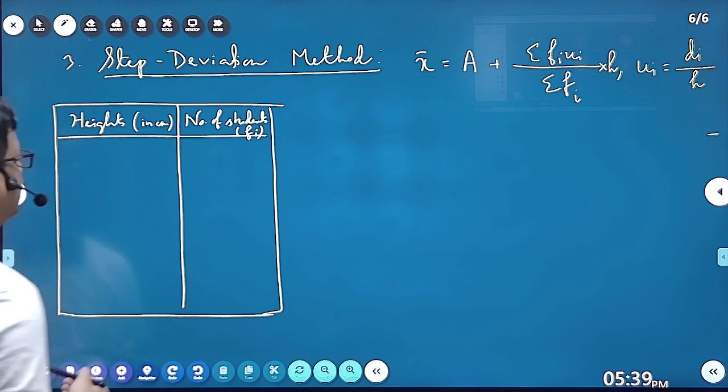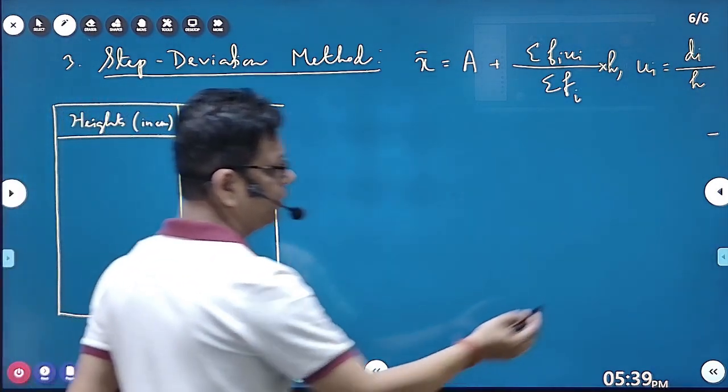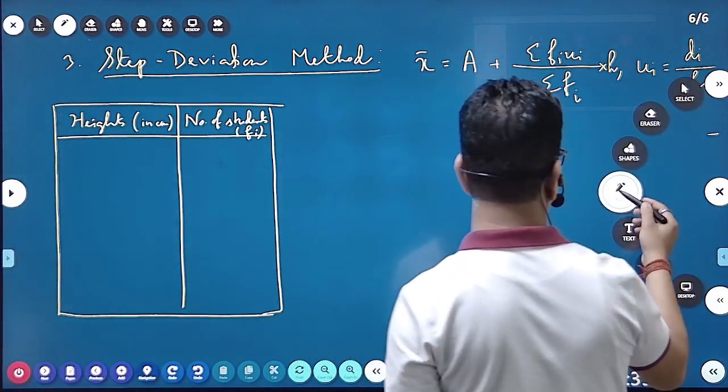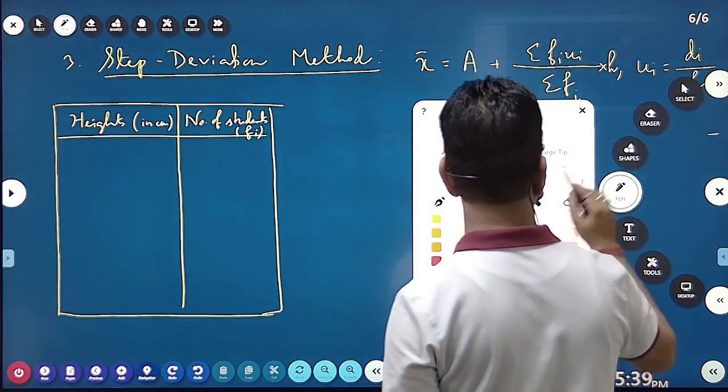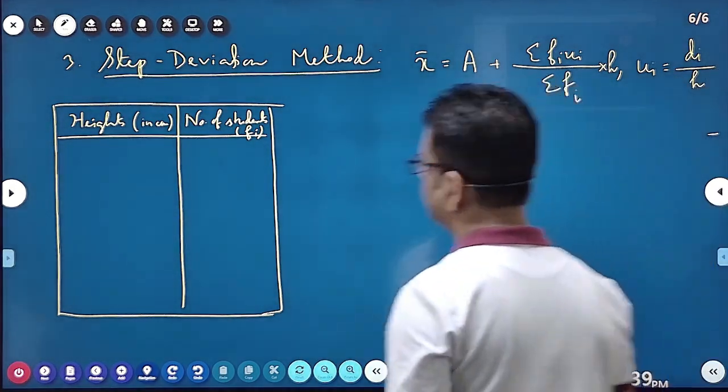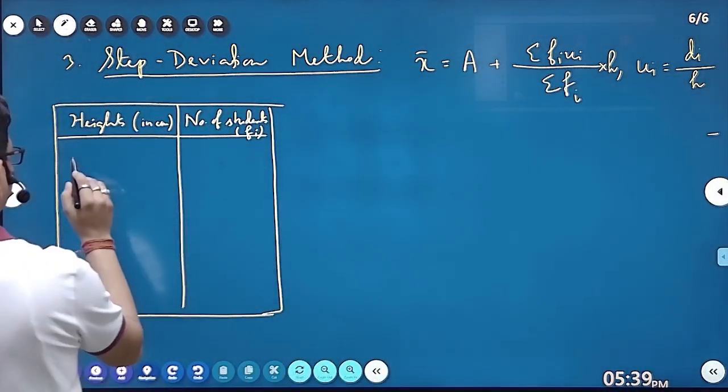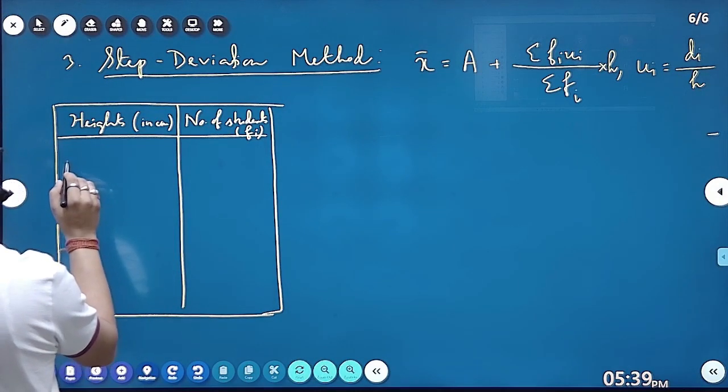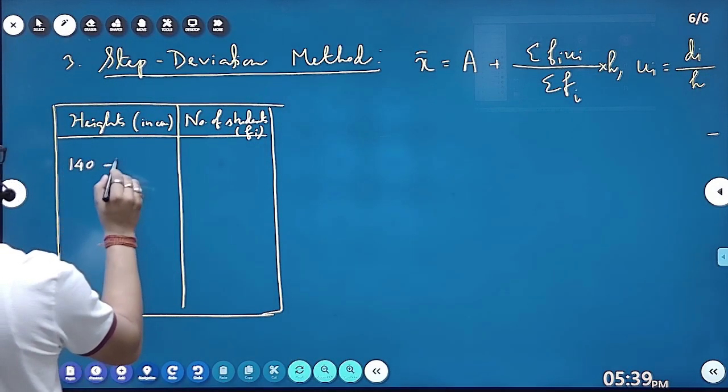fi. Now the heights are given in centimeter, so let's take it like this. Let us take it from 140 to 180.